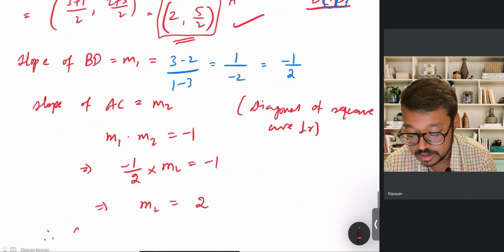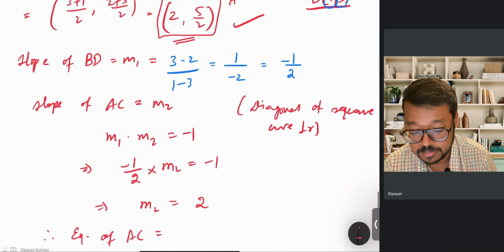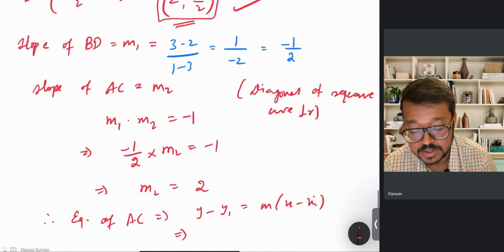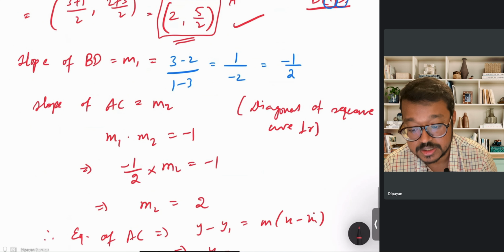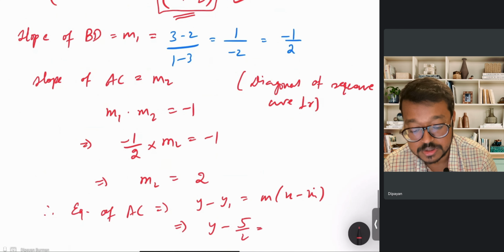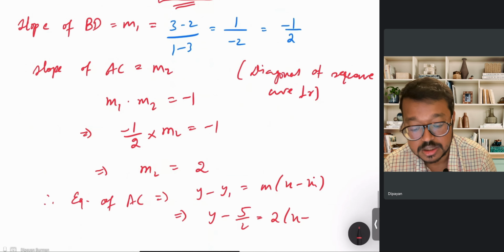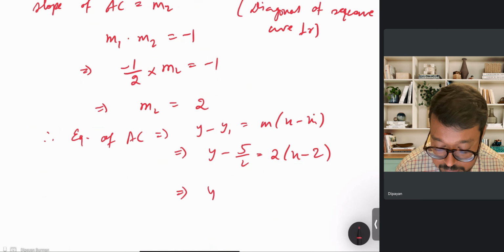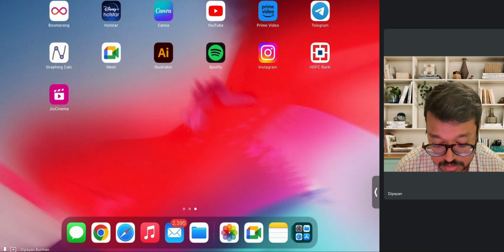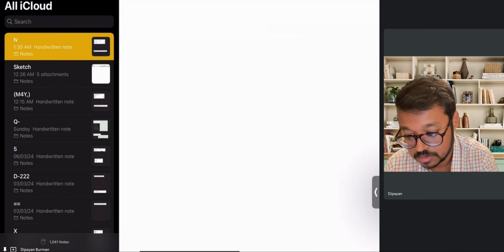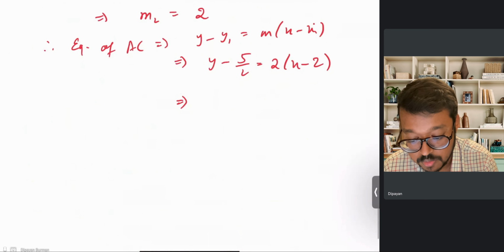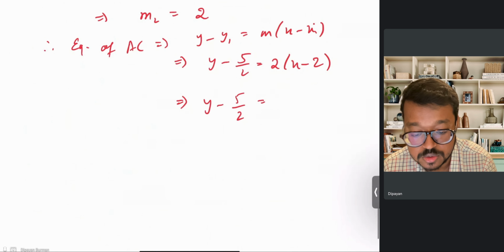So therefore, the equation of AC will be y minus y1 equals m into x minus x1. So we will have y minus 5 by 2 equals 2 into x minus 2. So y minus 5 by 2 equals 2x minus 4.